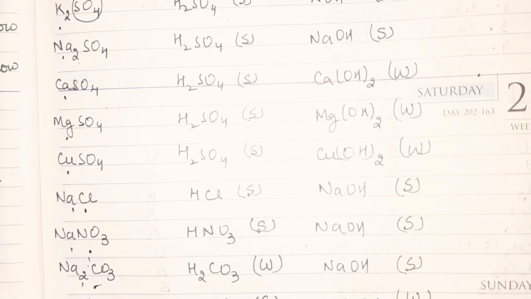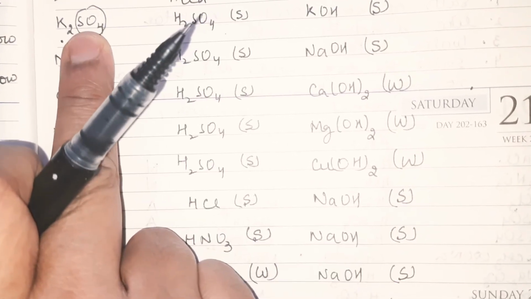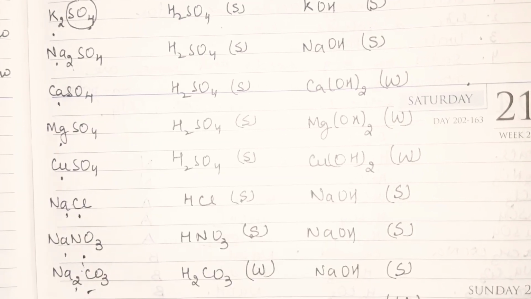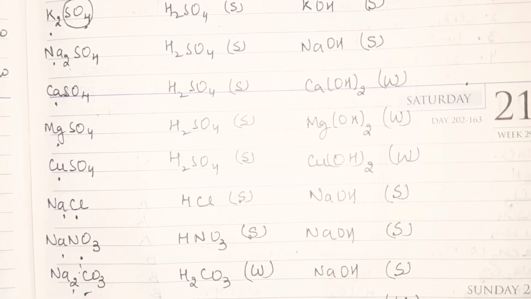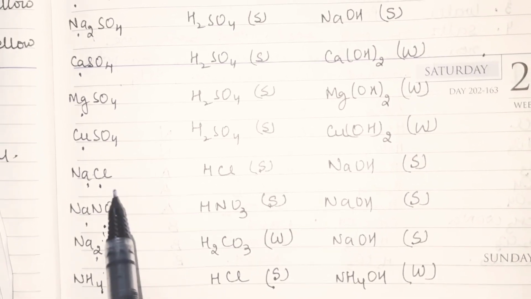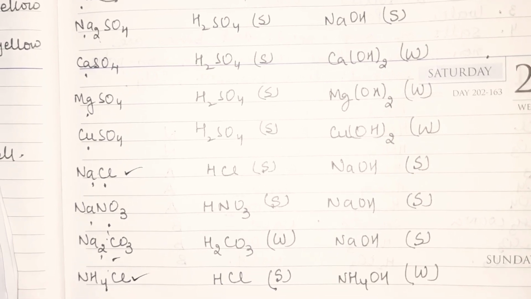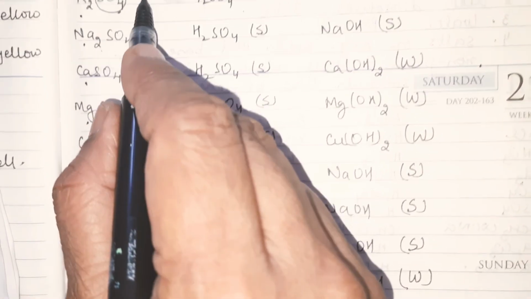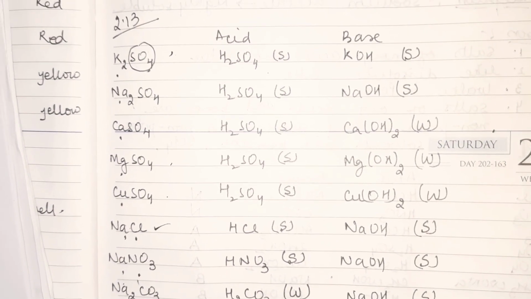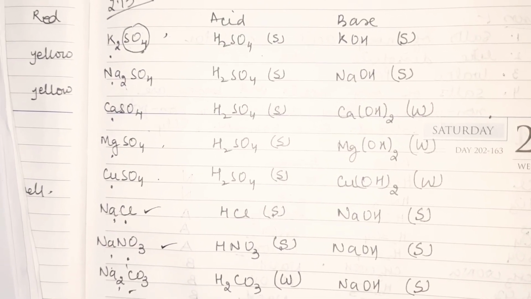Then if we talk of the potassium family, only this salt out of all the given belongs to the potassium family. Then out of all these salts, this belongs to the magnesium family. Then the ammonium family, only this is the ammonium family. Then the chloride family, this is the chloride family, and this also belongs to the same chloride family. Then sulfate, this first, second, third, fourth, fifth all belong to the sulfate family. NaNO3 belongs to the nitrate family.